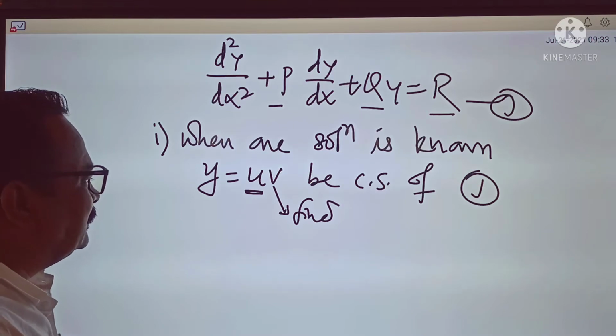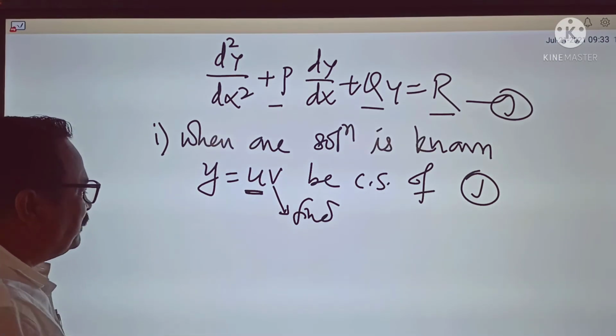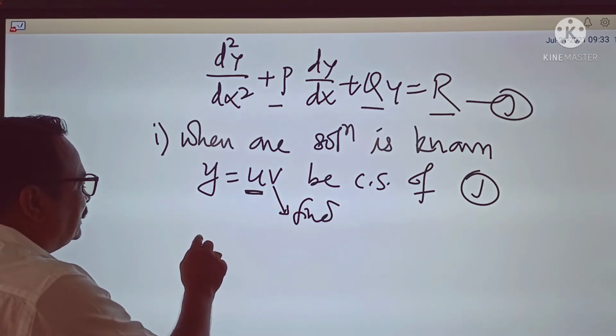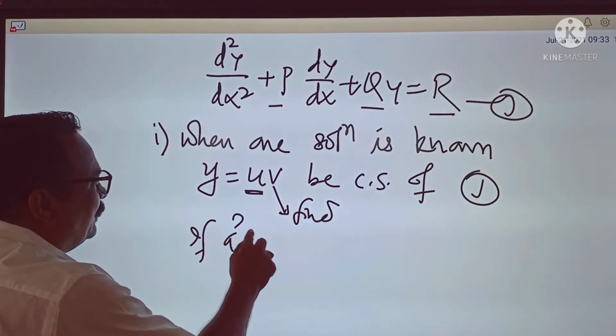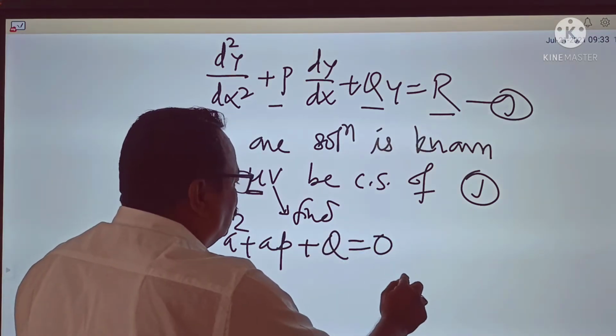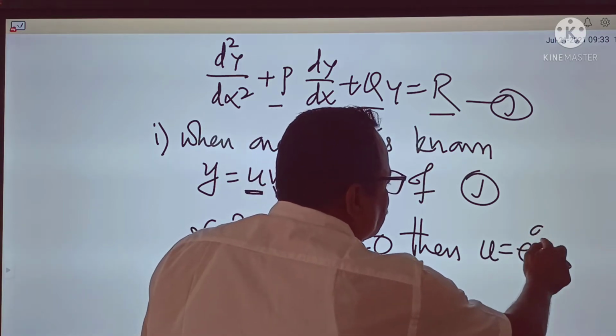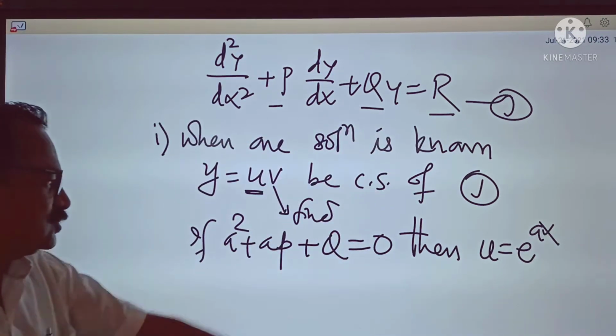There are some methods to find the known solution. This is an important one. If a square plus ap plus q is equal to 0, then u is equal to e raised to ax is a known solution.